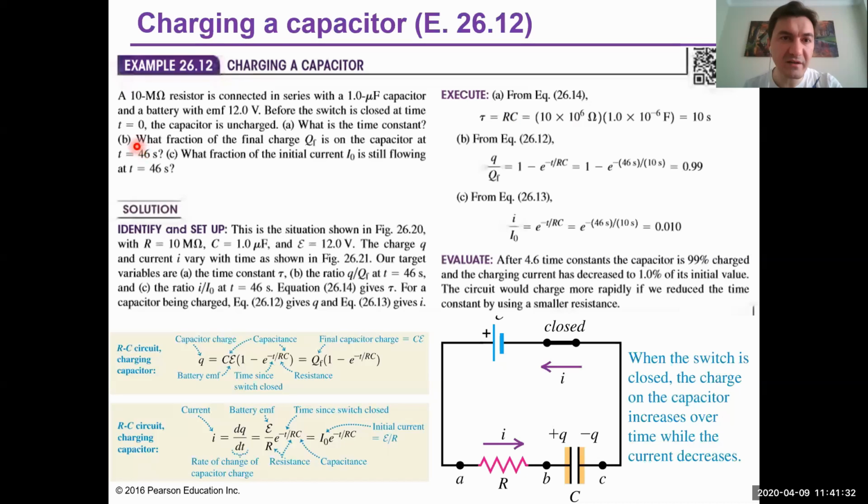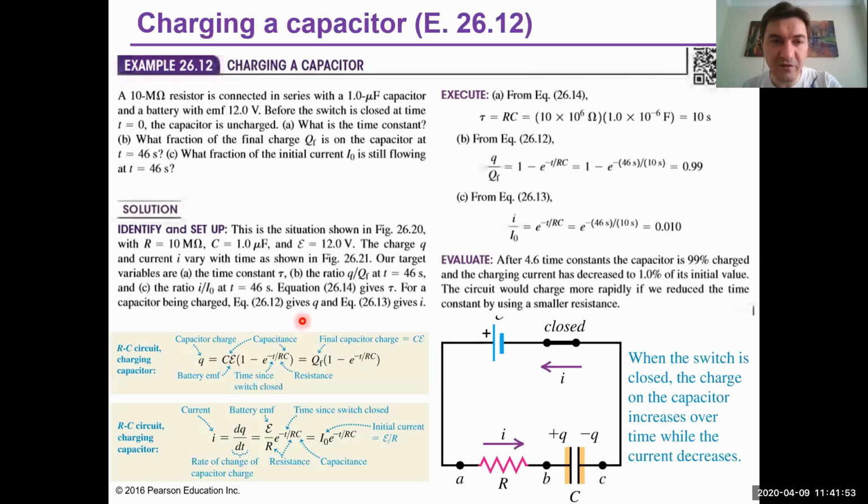So what is the second question? What fraction of the final charge is on the capacitor when the time is 46 seconds? The charge at a certain time is given by that expression, Q final times the expression within the bracket.